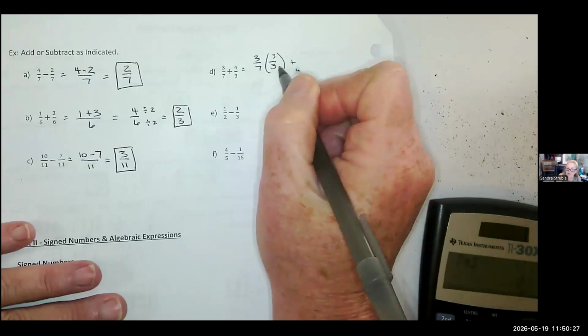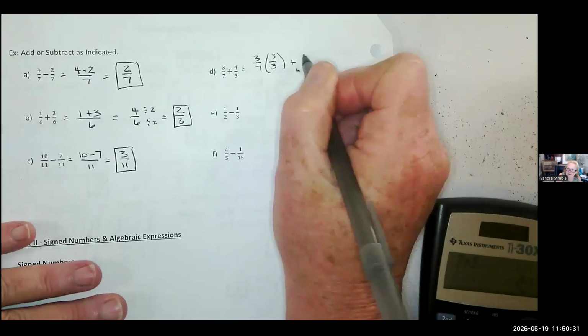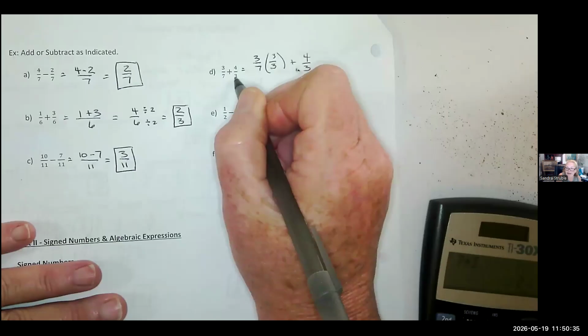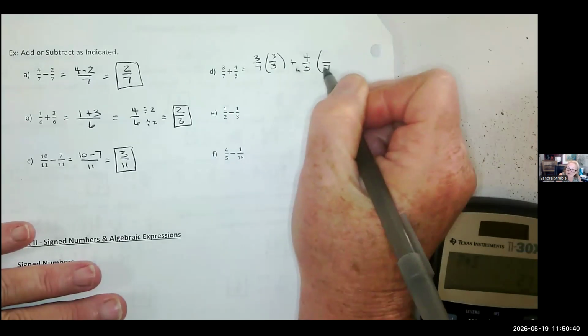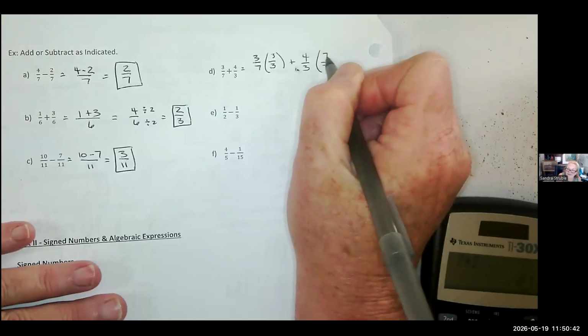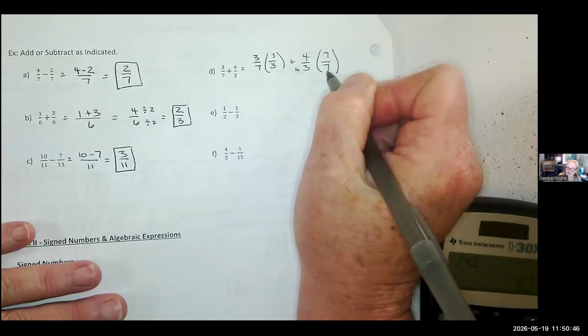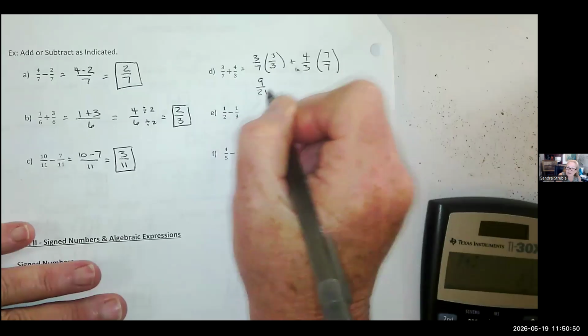The next one, you want your denominator to become 21. Well, to do that, you're going to have to multiply it by 7. Which, again, you can't just multiply the denominator. You have to multiply the entire fraction by 1, which is 7 over 7. 3 times 3 is 9 over 21. 4 times 7 is 28 over 21.